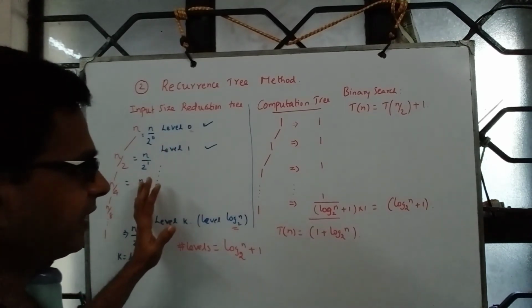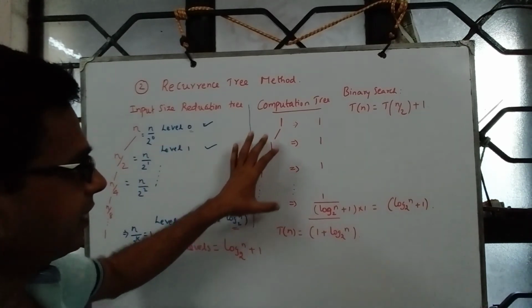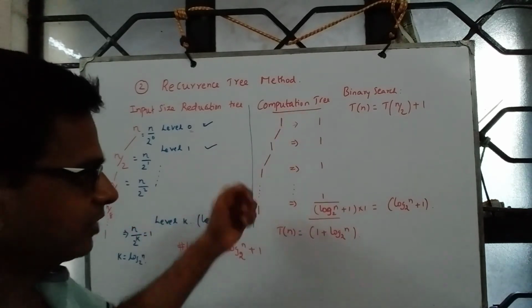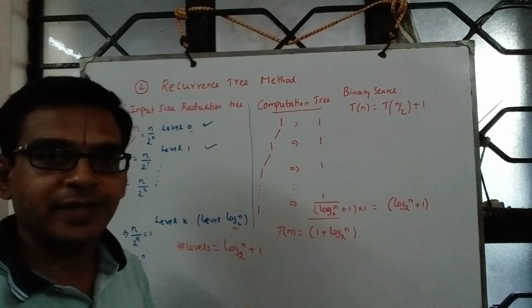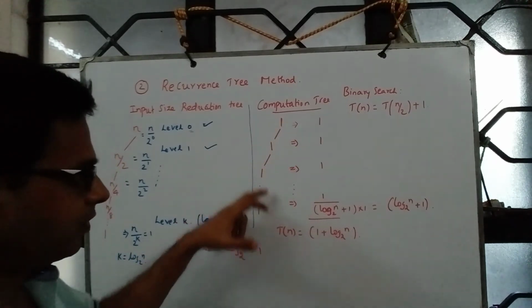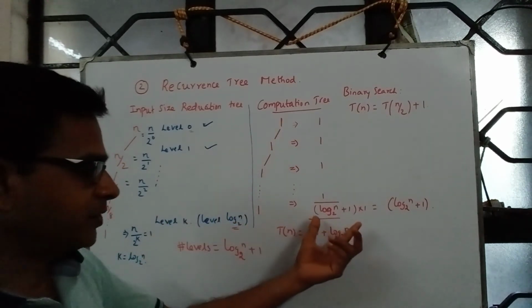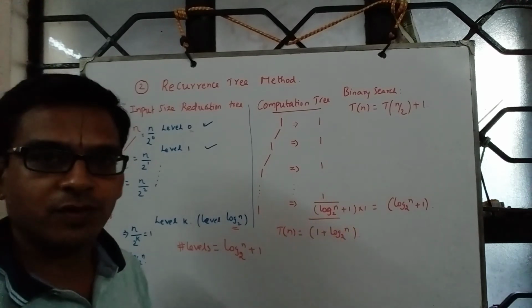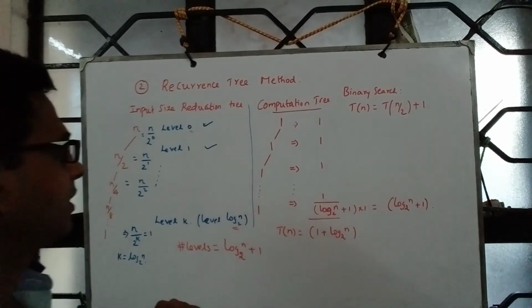And this is on one side. On the other side, we have something called computation tree that will actually tell you what is the cost incurred at each stage. And the total of all this is precisely the time complexity of your code or an algorithm.